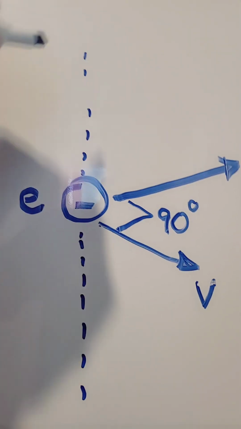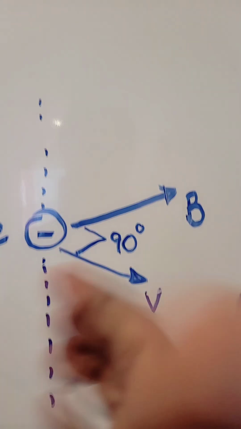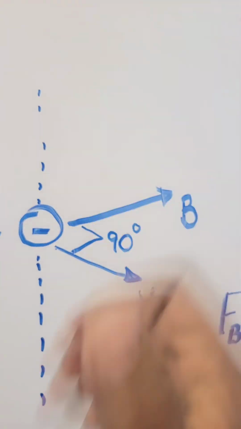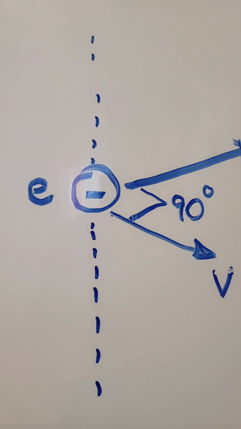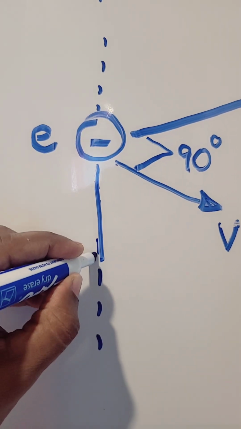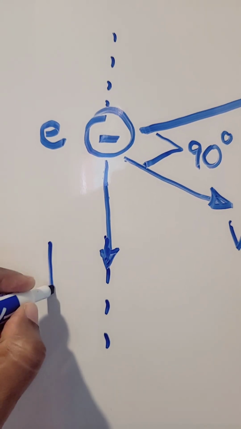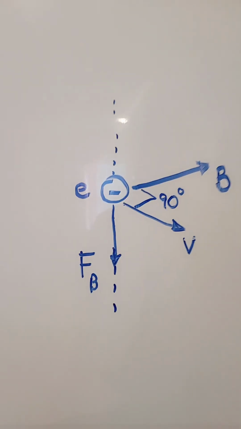However, that is for a positive charge. So this direction applies for a positive charge. But since the electron is negatively charged, the direction of the force is like that. So that's the direction of the magnetic force acting on the electron.